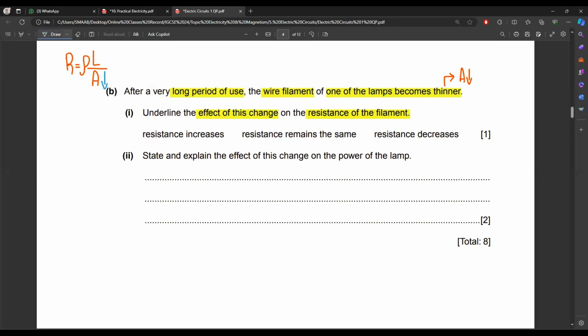So when cross-sectional area decreases, definitely resistance will increase, right? So in this scenario, we can say resistance increases, right? Now I see what I did wrong. I accidentally flipped it. Yes.